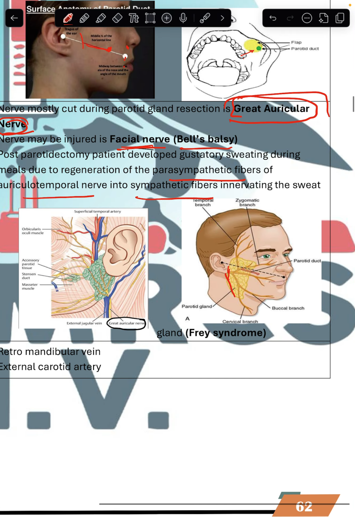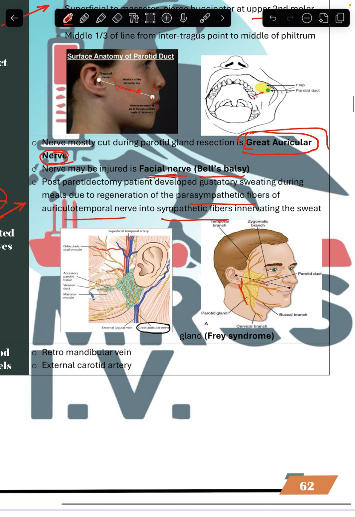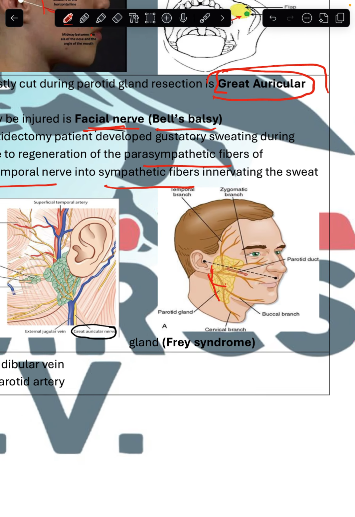What happens? The sweat glands have sympathetic supply. What happens is regeneration of parasympathetic fibers of the auriculotemporal nerve. The auriculotemporal nerve has parasympathetic fibers. All the glands, all the ganglia, they are having parasympathetic supply. So whenever surgery is done, there is regeneration of these into the sympathetic.